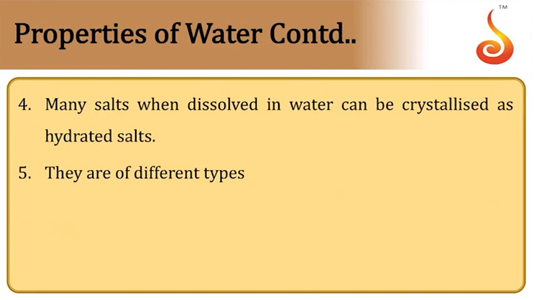Then, properties of water: many salts, when dissolved in water, can be crystallized as hydrated salts, and there are different types of hydrated salts. Let us take them one by one.